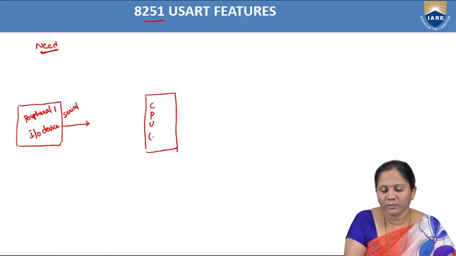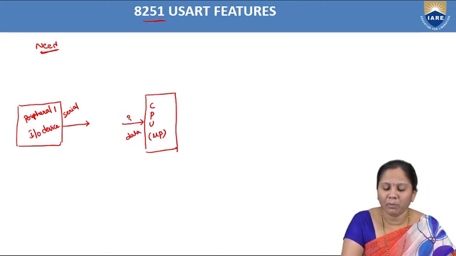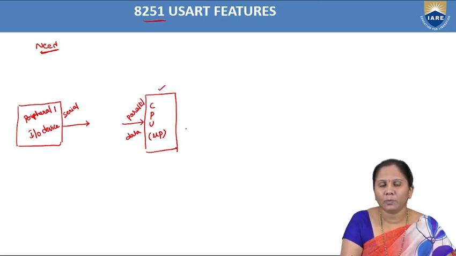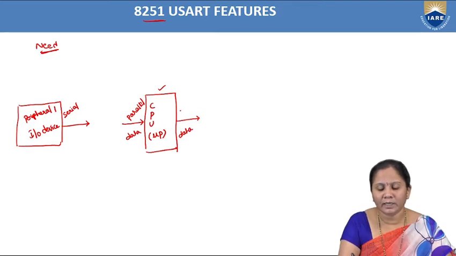And if we consider a microprocessor, CPU, generally this microprocessor will take the data as input, and the data should be in the form of parallel data only. After performing some operations, the microprocessor produces the output, again in the form of zeros and ones, in a parallel manner.